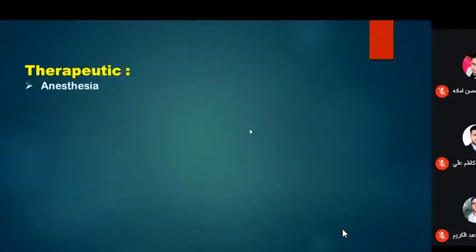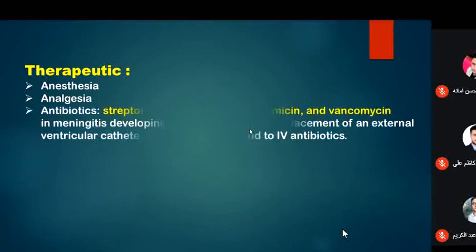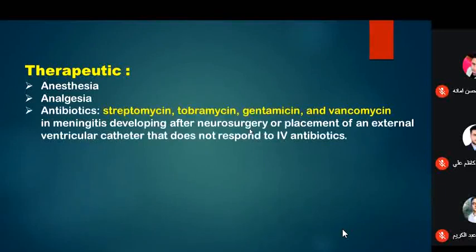Therapeutic indications in anesthesia, of course, spinal anesthesia. In analgesia, sometimes we insert analgesics through the spinal needle into the CNS. Antibiotics can be used through it, like streptomycin, tobramycin, gentamicin, vancomycin.